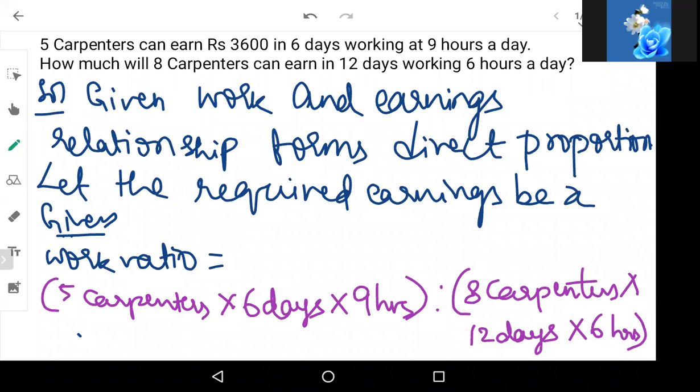Now, if you see here, we are not considering the 3,600 rupees. That is earnings, that is the salary. We are only comparing the carpenters, and how many days and how many hours they work. And we have the same data for the unknown value also: 8 carpenters, 12 days and 6 hours. Did you understand this? Any doubts until here?